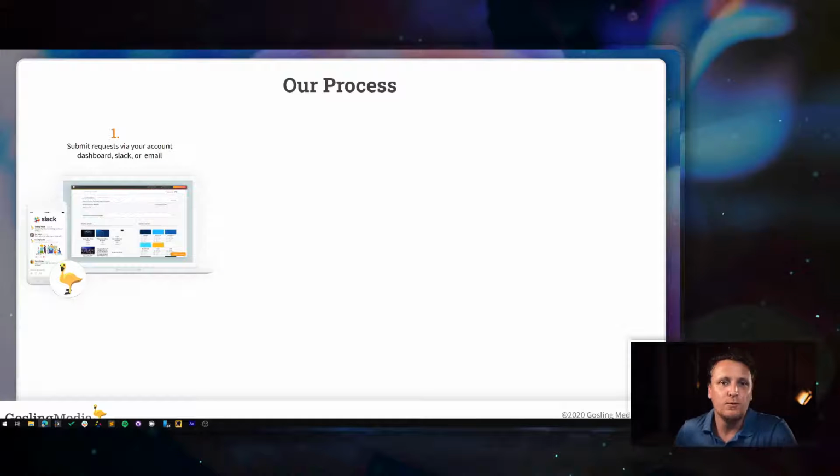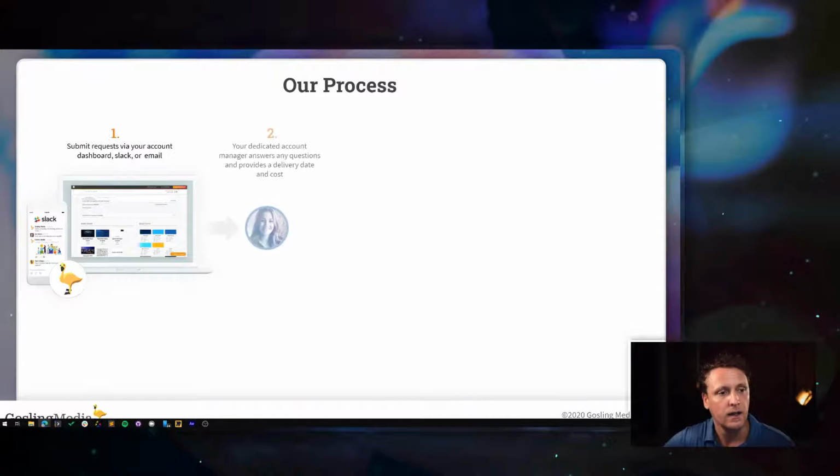So kind of similar to an IT support desk or something like that, where you submit a ticket. A lot of in-house teams will have some kind of ticketing system where the marketing person or salesperson submits what they need, it goes into the system, and then the job begins. So we have a custom dashboard that we give to all clients.